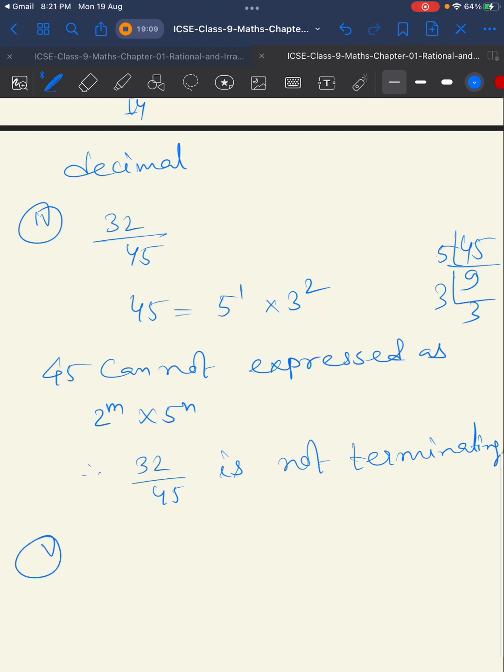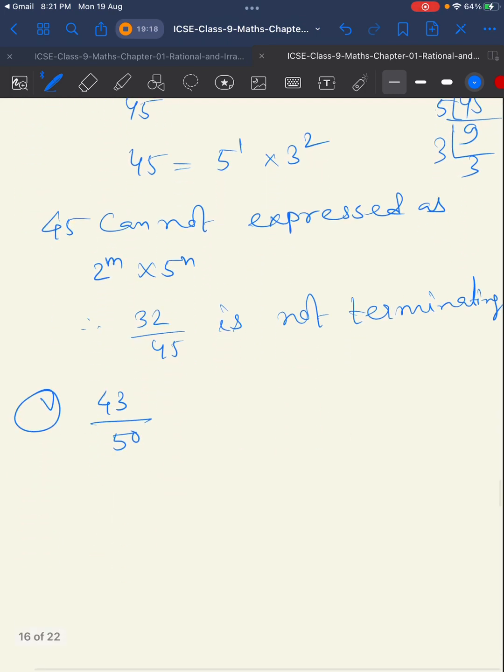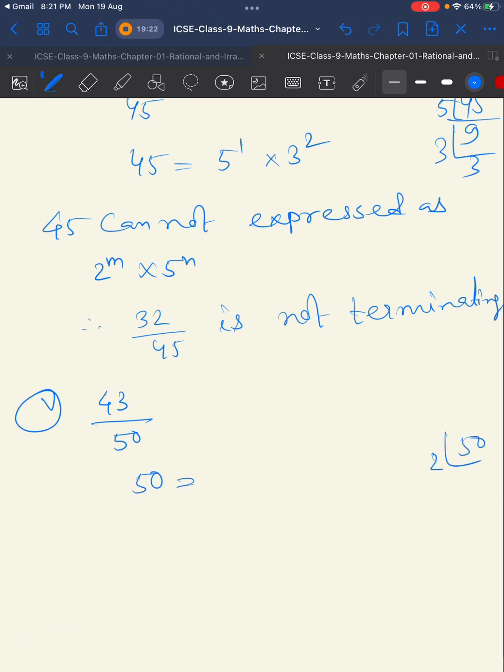Okay, now question number 5 is 43 by 50. Here 50: 2 twenty-fives are 50, 5 fives are 25, so 2 into 5 squared.